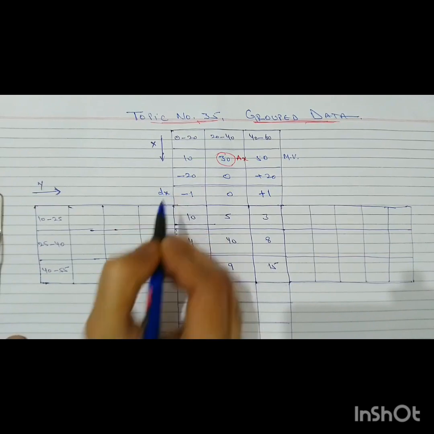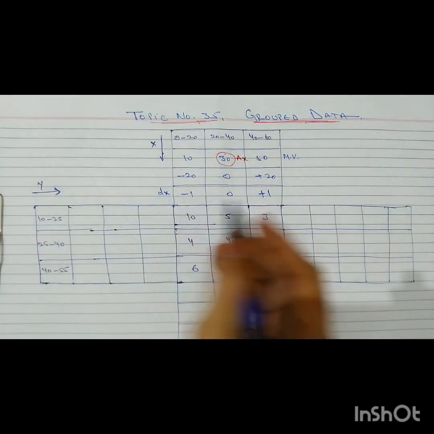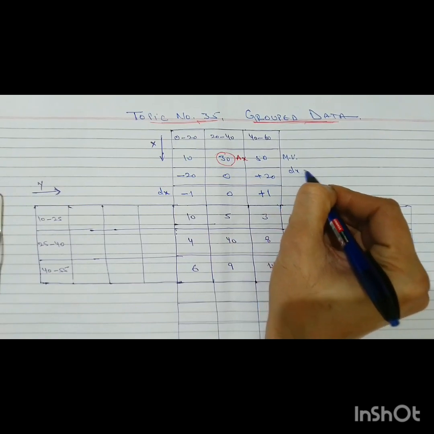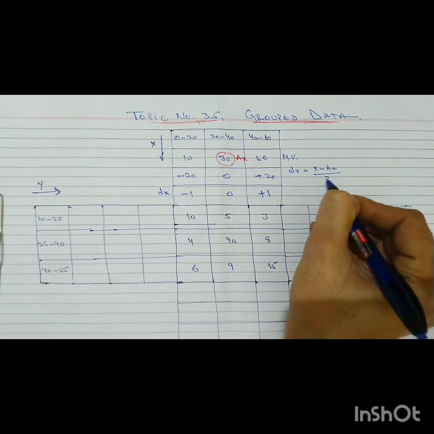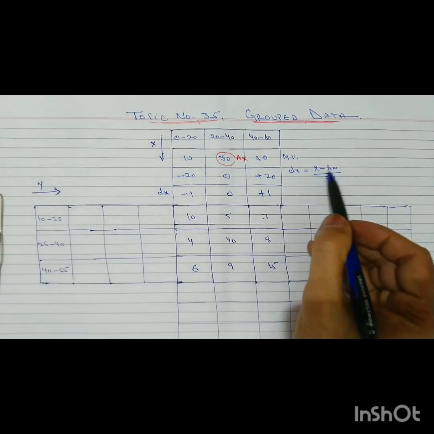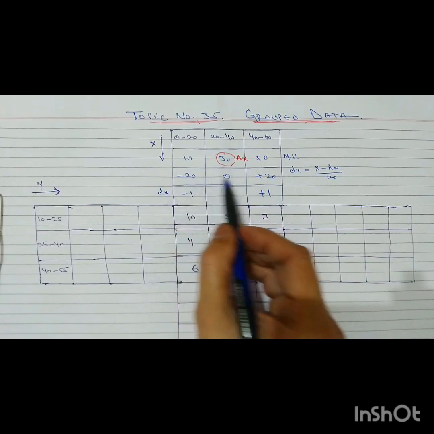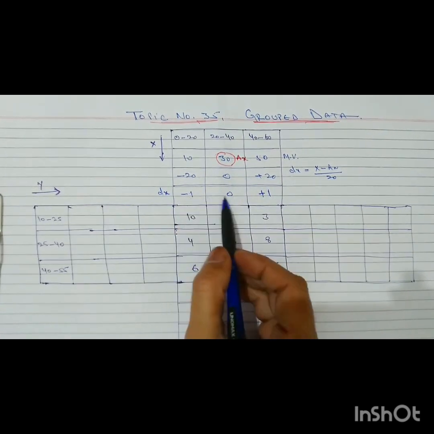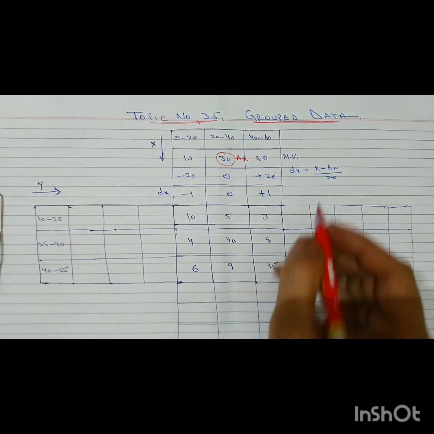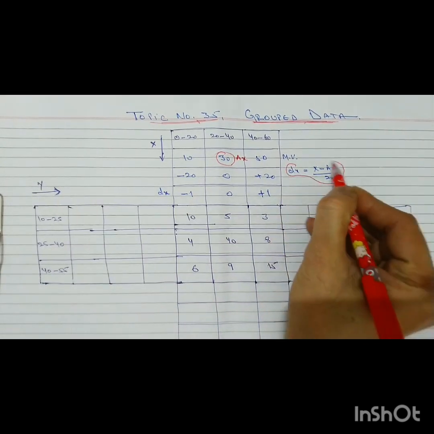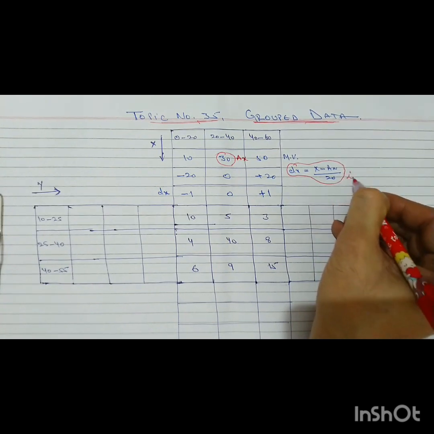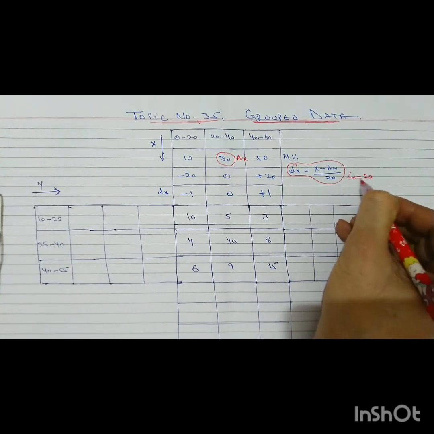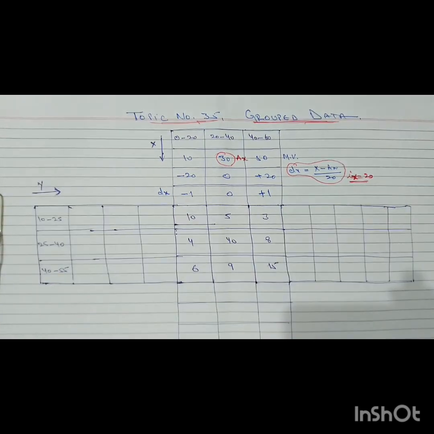So dx is (x minus AX) over 20, which is minus 1, 0 and plus 1, where the common factor is 20. Name it ix. ix equals 20.